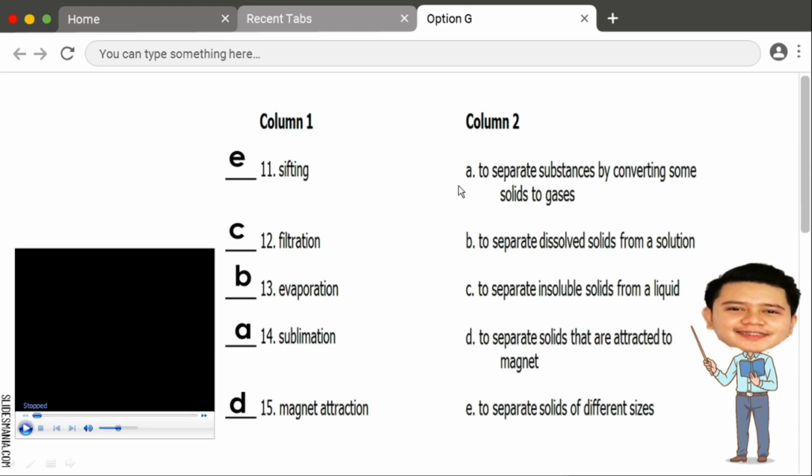Sublimation, to separate substances by converting some solids to gases. And the last, magnet attraction, to separate solids that are attracted to magnet. And that is all for the part 3, okay?